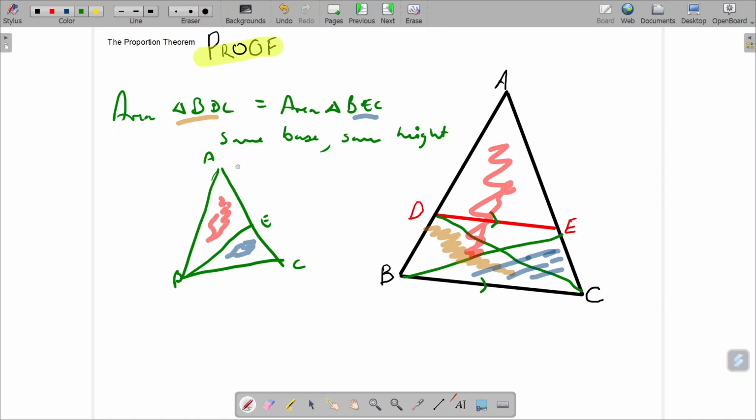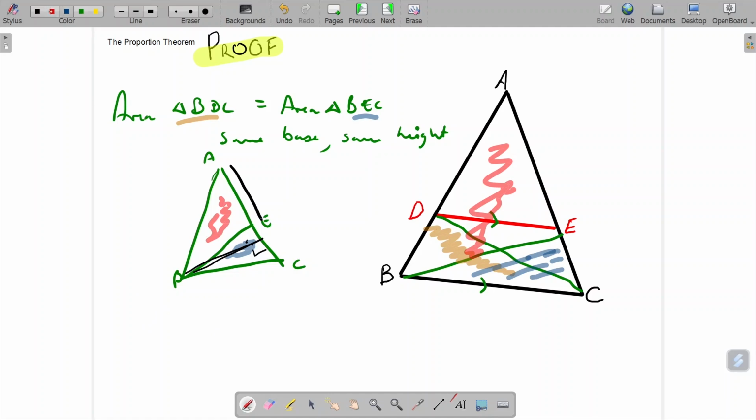But if I was to choose to use this side as my base, then my height would be this side over here. It would be coming from angle B down to the bottom here, as long as it is doing so at right angles.